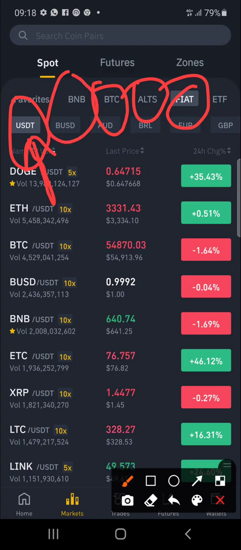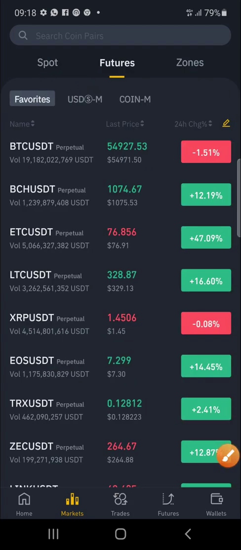We can also use BNB to trade in spot. But coming to futures trading, we only use USDT to trade on the futures trading platform. Strictly USDT, USD Tether. That's what we use to trade in futures trading.